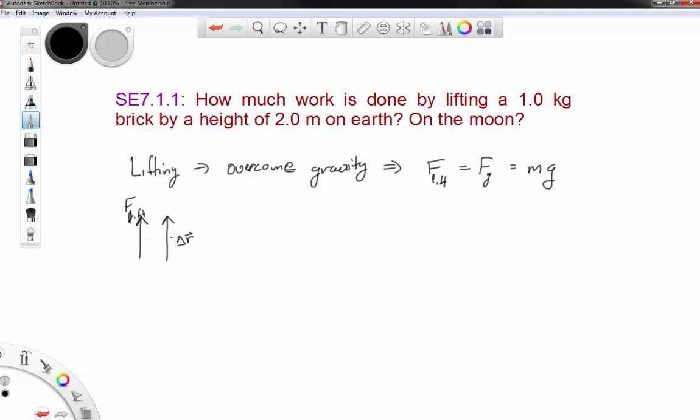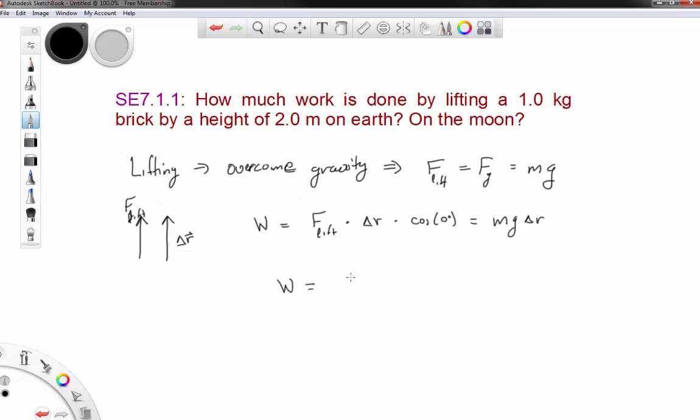These two are parallel, and therefore the work done must be lift times delta R. And parallel just means cosine of 0 degrees. So this is going to be mg delta R. And of course, delta R is also a delta Y or delta H. It's basically how high we lifted it.